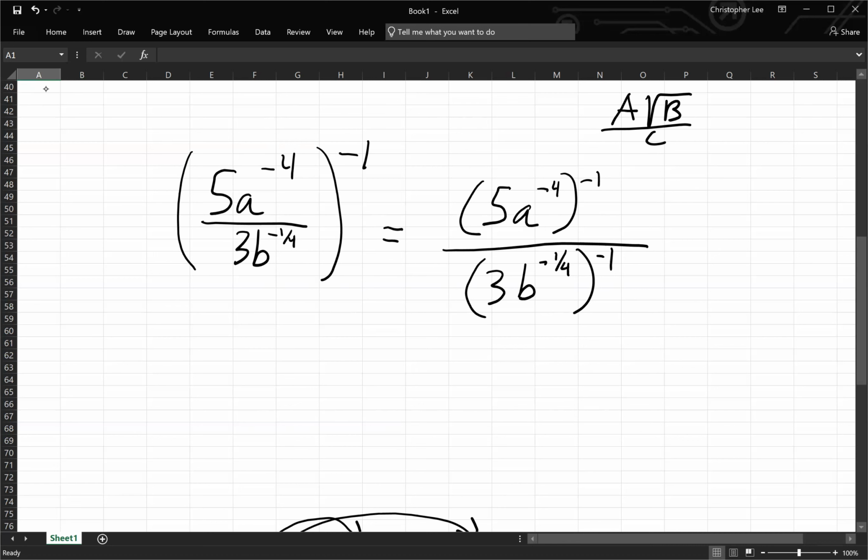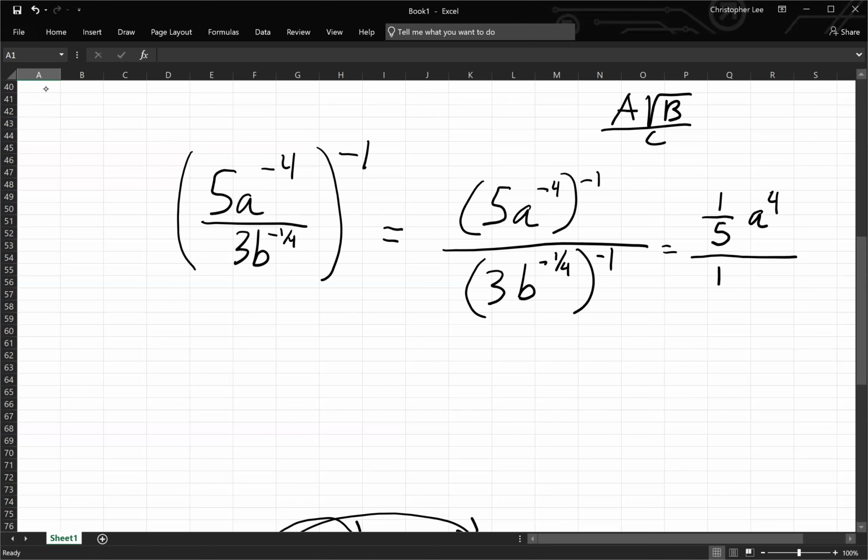When I raise that to the power, you know that the 5 is going to go down to the denominator, so 1 over 5. And whenever you raise a power to a power, you multiply. So negative 4 times negative 1 is positive 4. So this would be a to the positive 4 power in the denominator now.